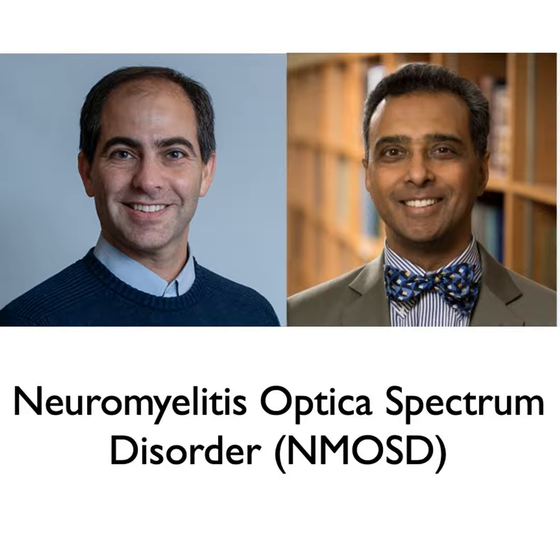So let's look at a couple of cases that fit into the category of NMO spectrum disorder. This case here is of a 30-year-old Caucasian female. So again, a little younger than what we told you for NMO spectrum disorder, but she had right eye vision loss to the 20/200 level, an RAPD, and her fundus was normal.